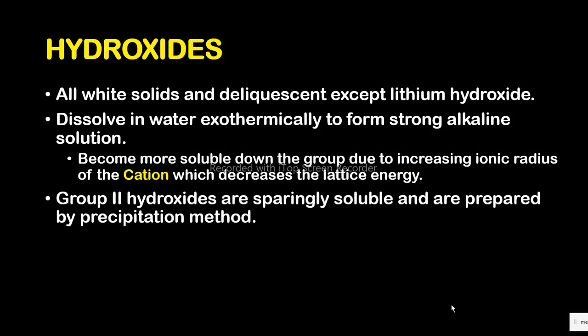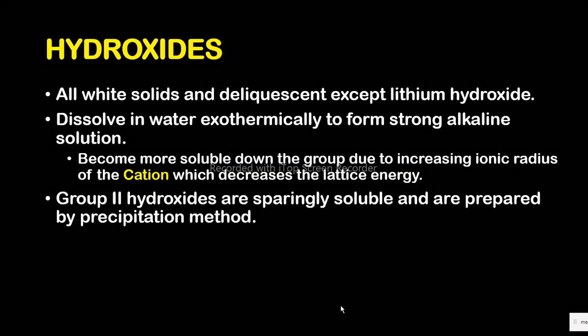Now for group 2 hydroxides, like I said, they are sparingly soluble and they are prepared by precipitation. What do we mean by precipitation? You mix two soluble salts to form an insoluble salt, then you separate it by filtration, and then you dry it.